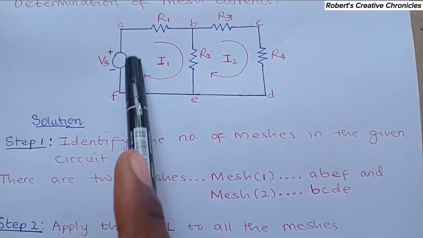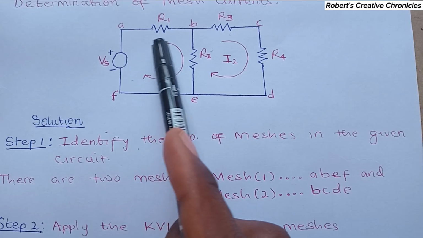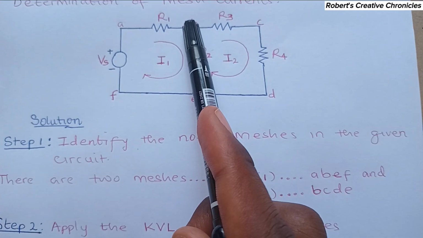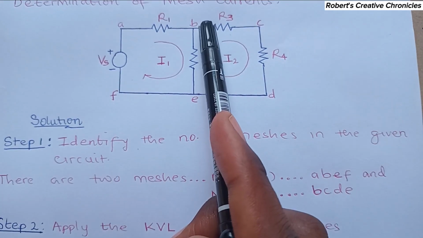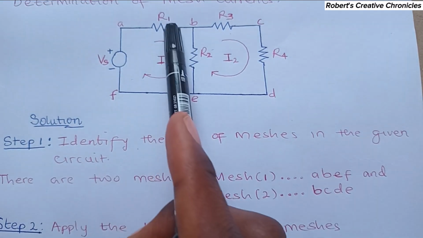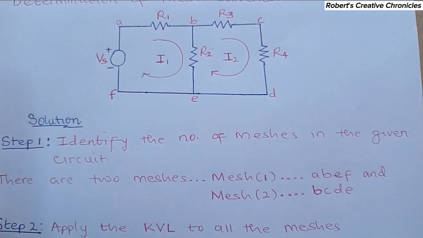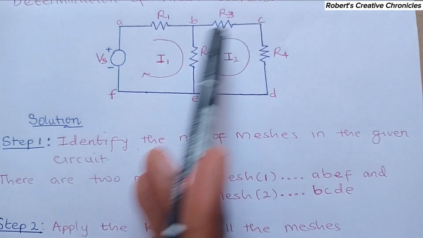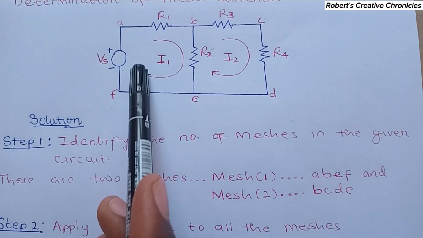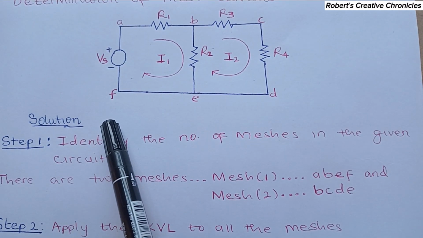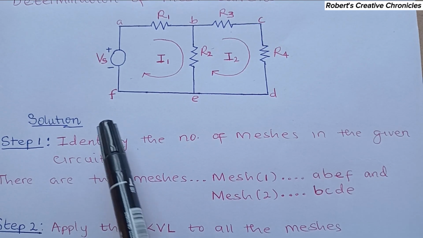So when you are moving in the same direction as the current flowing through this resistor, you'll be moving from positive to negative. So the voltage in this resistor is negative, because our assumed direction is in the same direction as the current flowing through this resistor. So it will be negative.